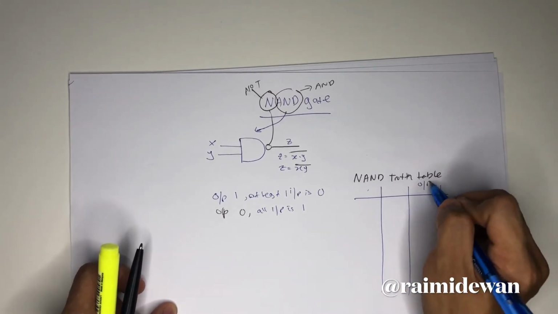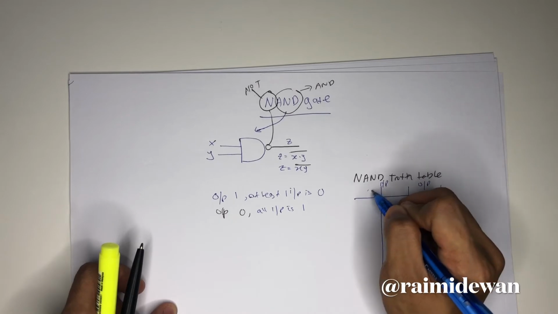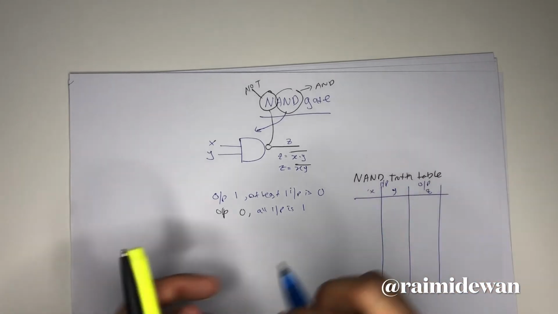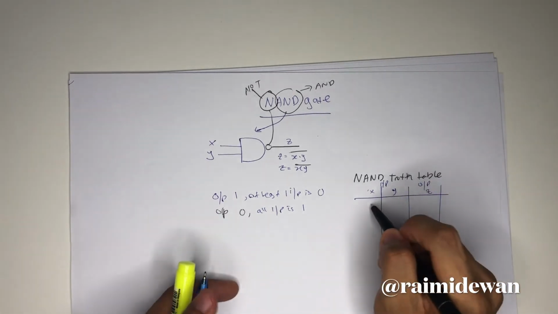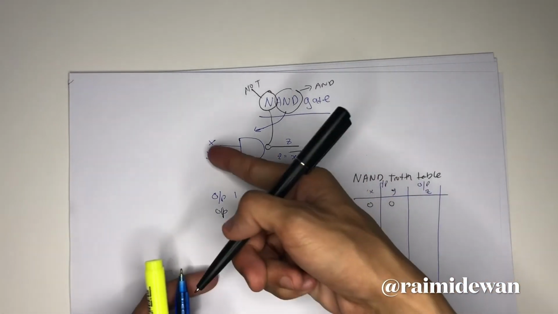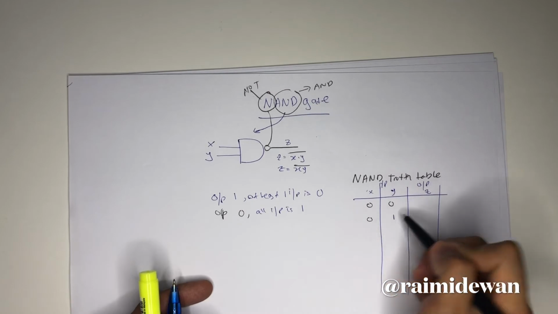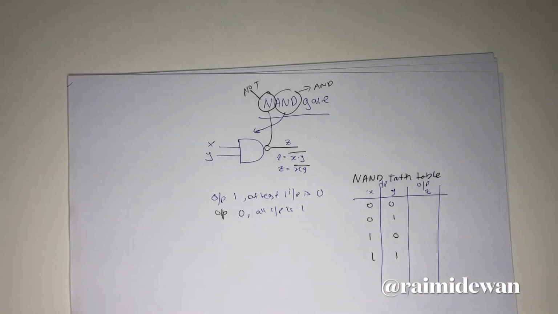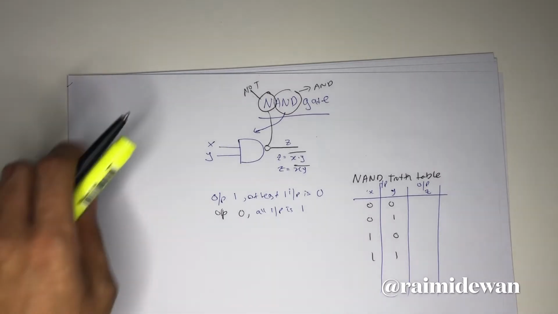This is your input, this is your x and y, and this is your z as your output. For simplicity, we use two inputs. So how do we fill it fast?